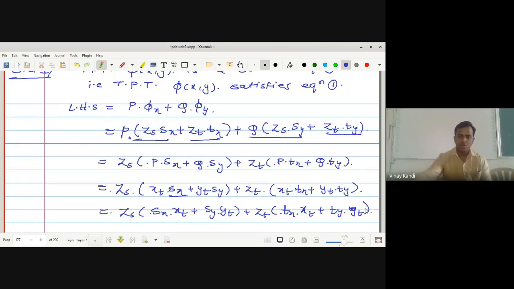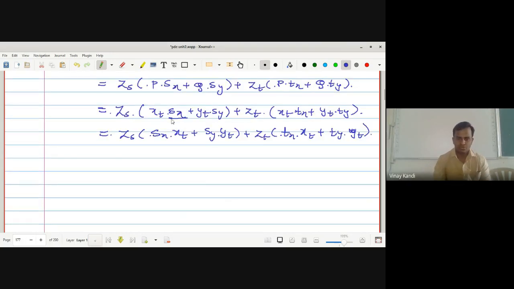Now, however, by the chain rule, look at this one. sx is ds by dx into dx by dt.